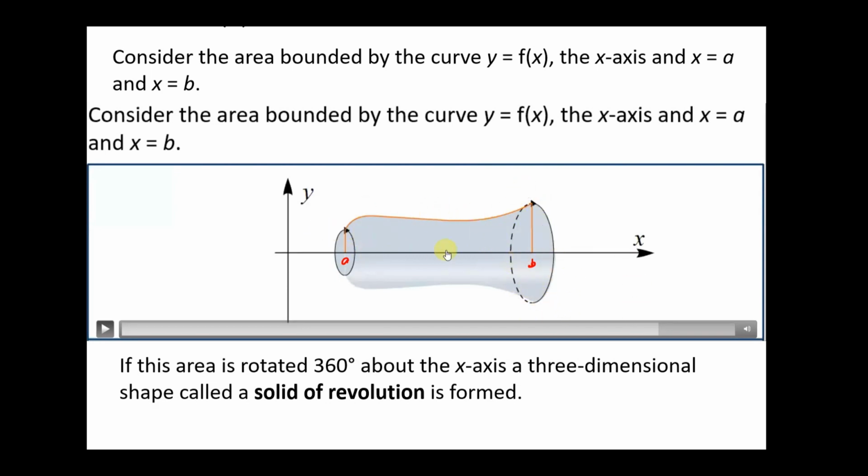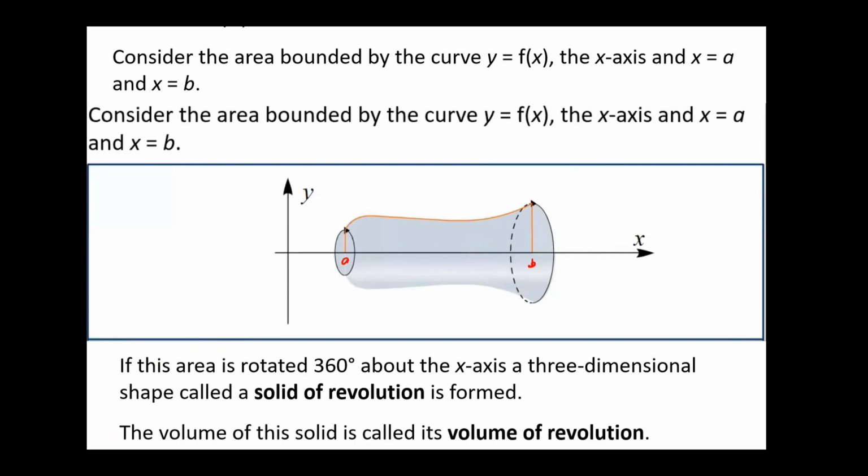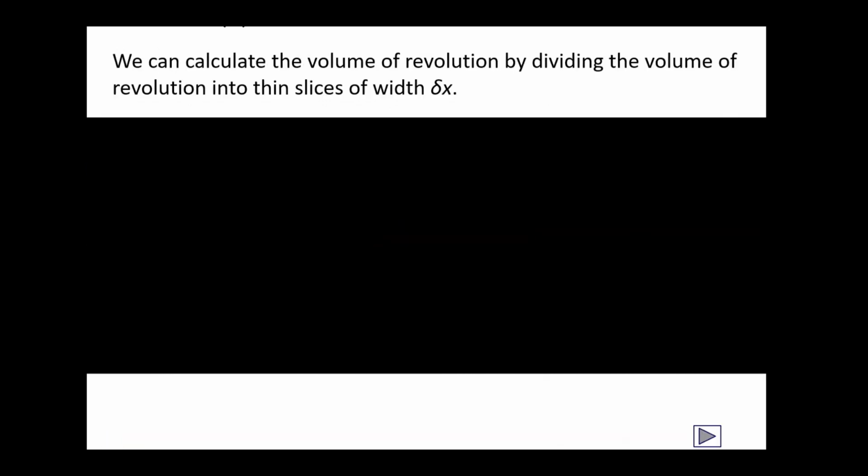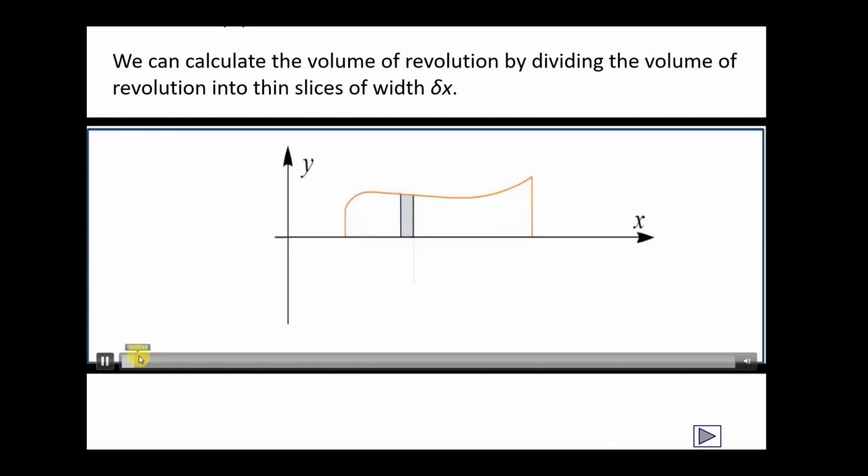So we have to find the volume of this shape which has been formed when this is revolved around the x-axis. In order to do that, we can consider a small slice of this area, so small that it basically makes a rectangle, a rectangular shape.